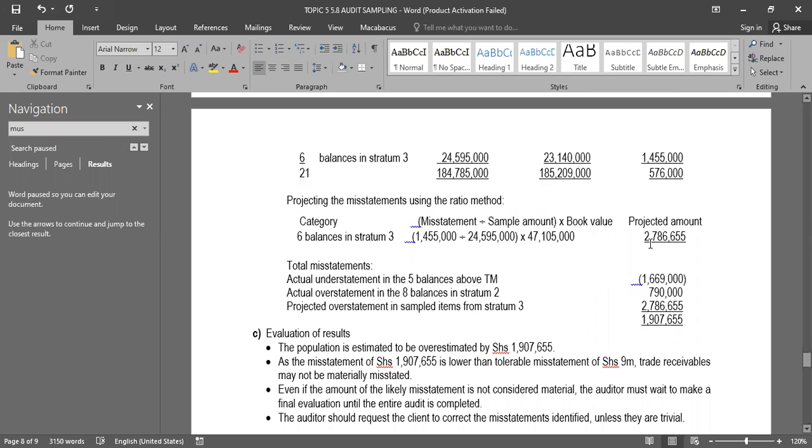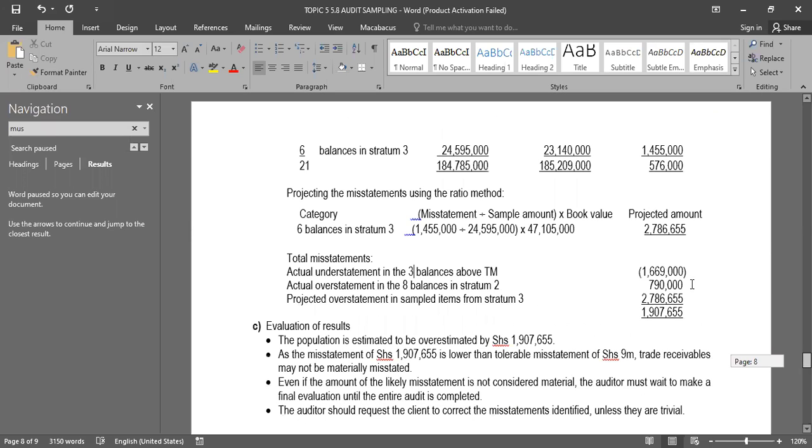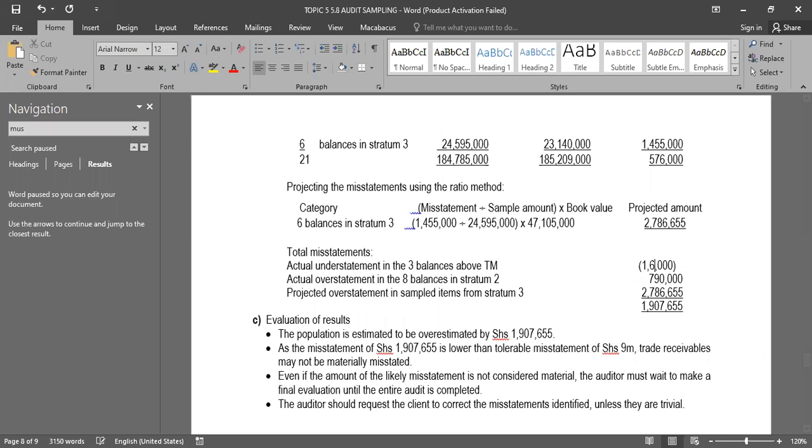So whatever figure you get, which is in this case 2.7, we add now the actual misstatements from the 3 that we counted manually. Okay, and the difference was, from what I put here, it was just 2m. 2m. Okay, and then the actual of 8.